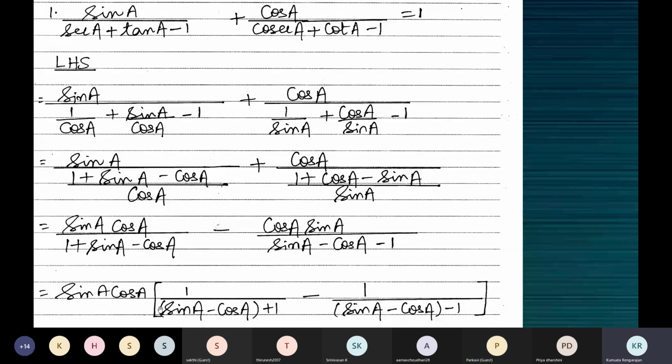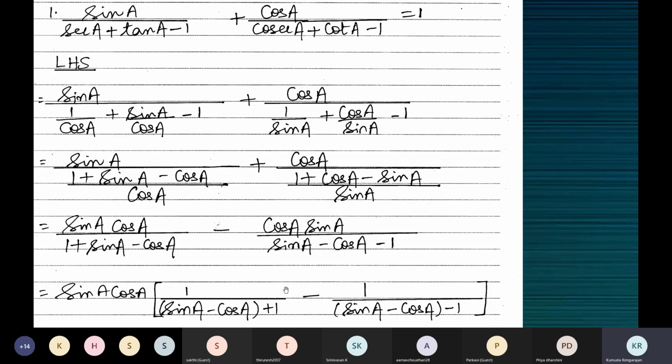See, you should look at which is A: sin A minus cos A is that term, plus B, 1 is B. So the entire thing sin A minus cos A is A. The identity says A square, so square that: sin A minus cos A, the whole square.